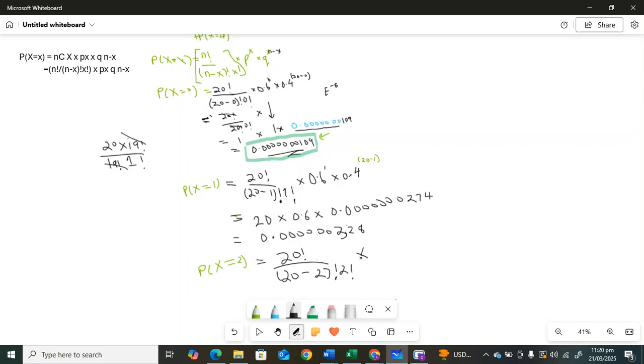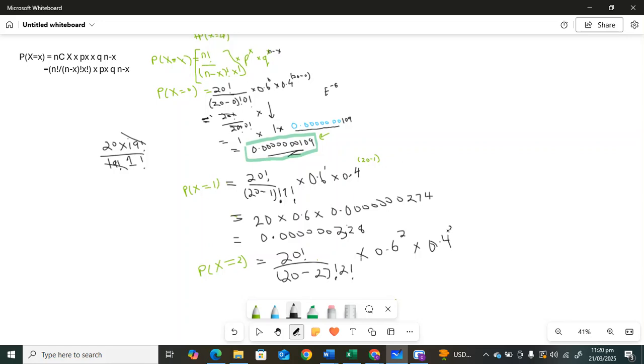Multiplied by p, which is 0.6 to the power 2, multiplied by 0.4 to the power n minus x.